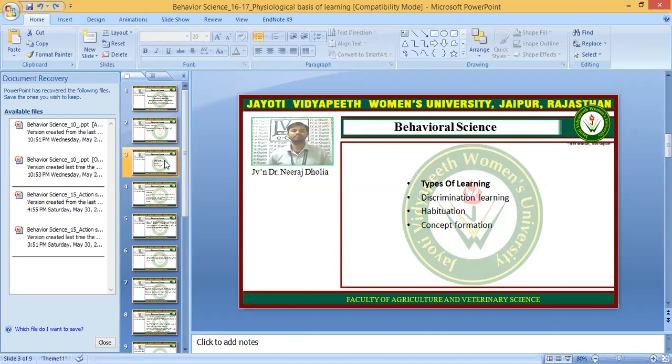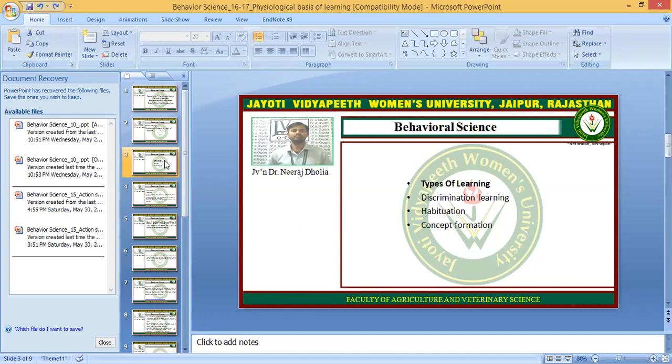Discrimination learning means you can discriminate among various characteristics. For example, among different colors, you can recognize that this is red color, this is blue color, this is green color. So this is discrimination learning.